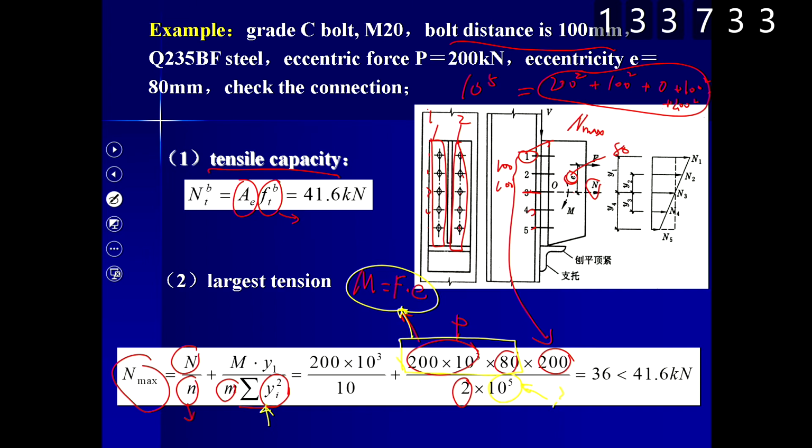If you don't know, we can come back to this case. If F is applied on here, if the F is equal to 200 kilonewtons, when we move it to this one it will also be 200 kilonewtons, but it will also produce a moment in this direction. In my question, it will be 200 kilonewtons times 80 millimeters, right?